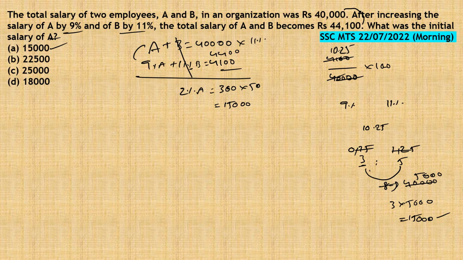We don't need to understand this fully now, okay? The allegation method, we will do it in the average chapter clearly. One thing, while doing allegation, one number is above the average, that is 11. Another person's salary is increased by 9%, that is less than the average. You need to remember this thing.